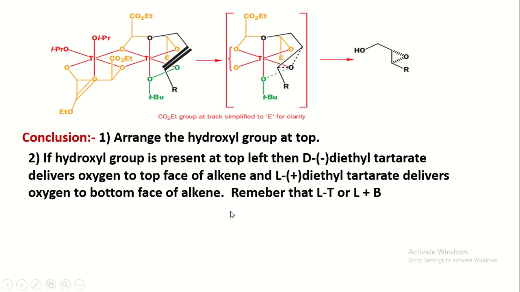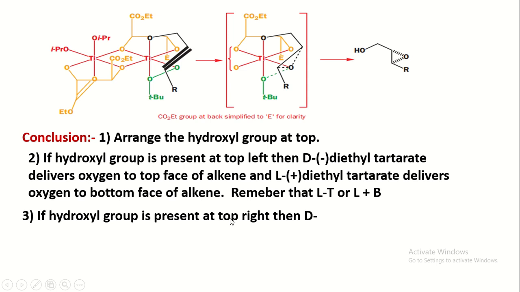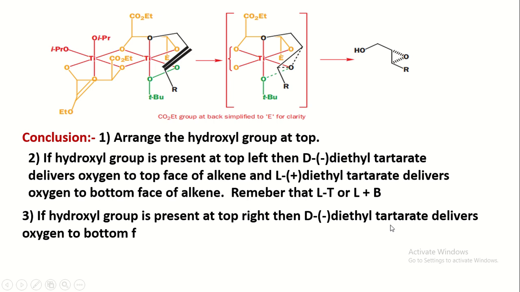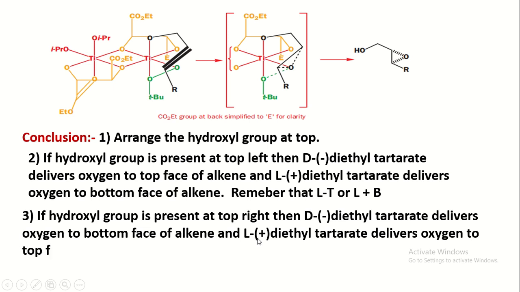Then in the next terminology, if the hydroxy group is present at top but right hand side, then minus diethyl tartrate delivers oxygen to the bottom face of the alkene and plus diethyl tartrate delivers oxygen to the top face of the alkene.